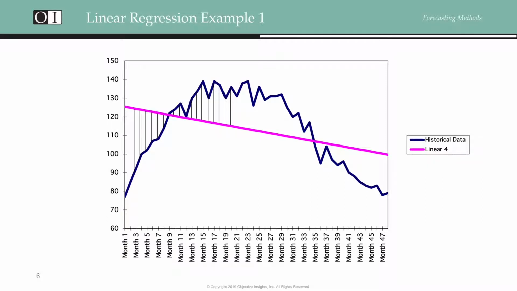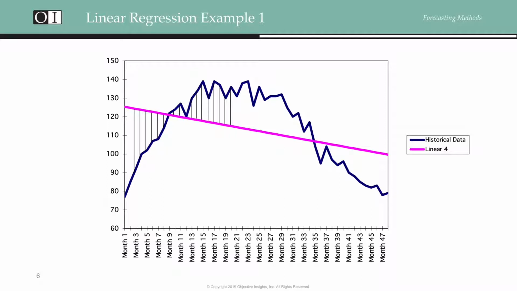Graphically, here's what we're doing. So the dark blue line is the historical data, and the pink line is our linear trend. And you can see, at least on the left-hand side of the graph, we have these light gray vertical lines drawn between the pink line and the blue line. These are the differences between the historical data and the linear line.